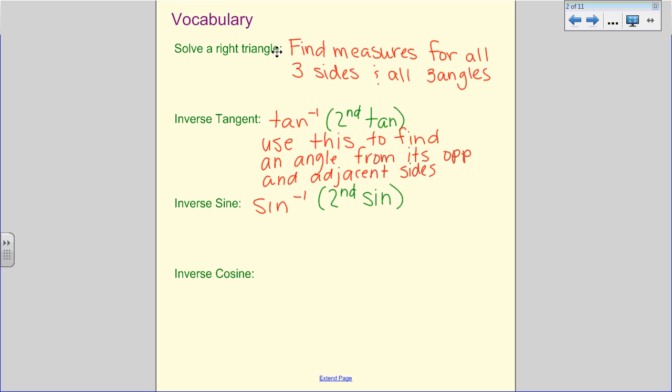And then we're going to use this to find angles when we know opposite and hypotenuse. So I'm trying to abbreviate there, ladies and gentlemen. So we're going to look at these diagrams, and if I have the side opposite of an unknown angle, and I have its hypotenuse, I can then use inverse sine with that ratio.